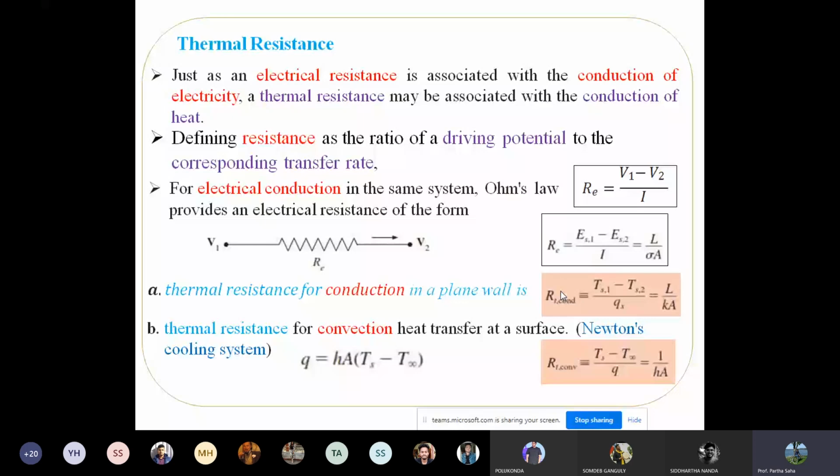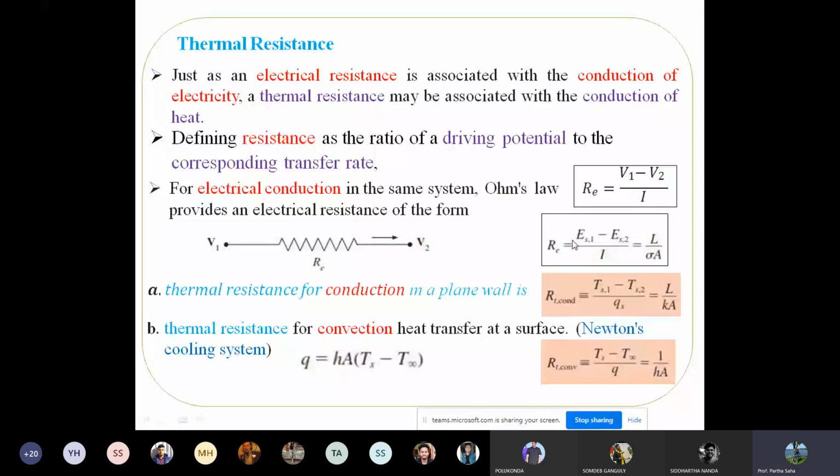So we are going to consider how to derive the thermal resistance. It's very simple. For ohmic conduction, you know that the electrical resistance is the potential difference divided by the current, right? Re = (V1 - V2)/I. So for electrical conduction, you can see the voltage difference between two ends is V1 and V2. There is a resistance Re, and current I passes through it. So thermal resistance for conduction in a plane will also be something like this.